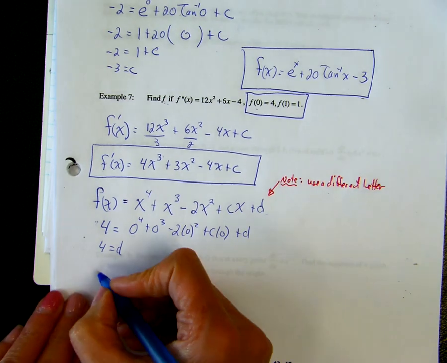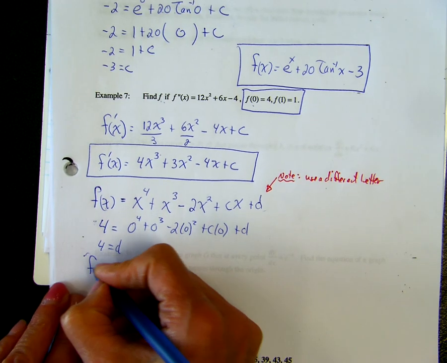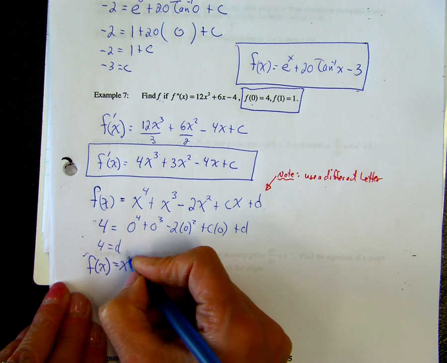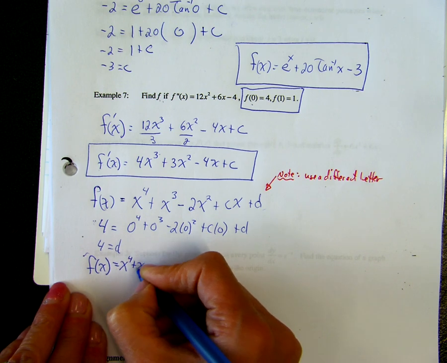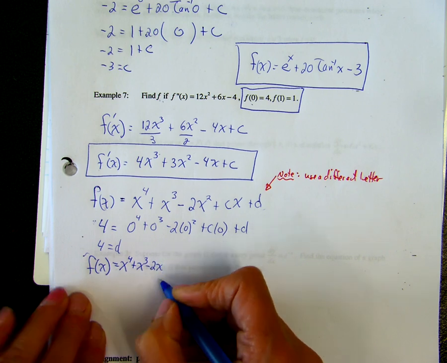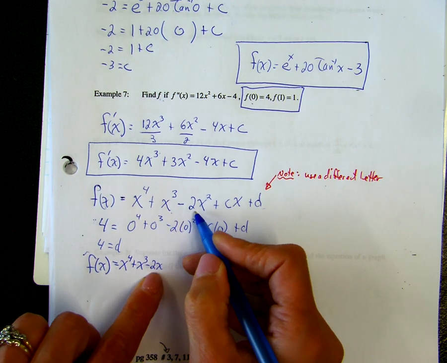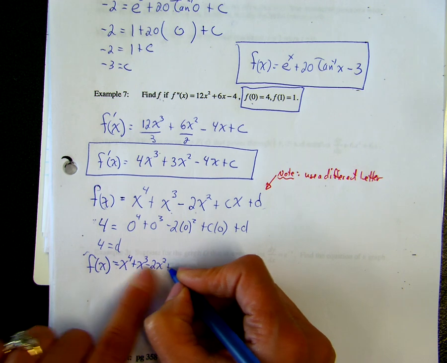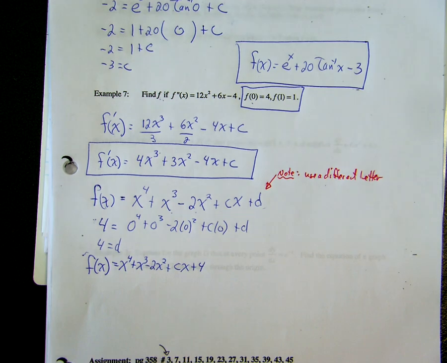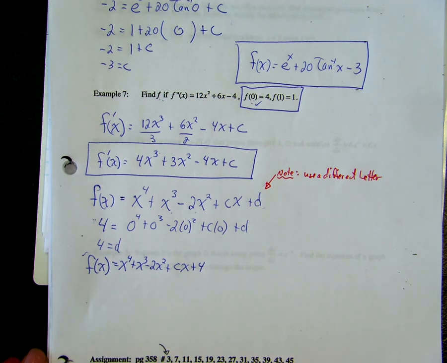So then I know this much. It's like solving a puzzle working backwards. Let's put in the piece we just found. f of x is x to the 4th plus x cubed minus 2x squared plus cx plus 4. We used this information.